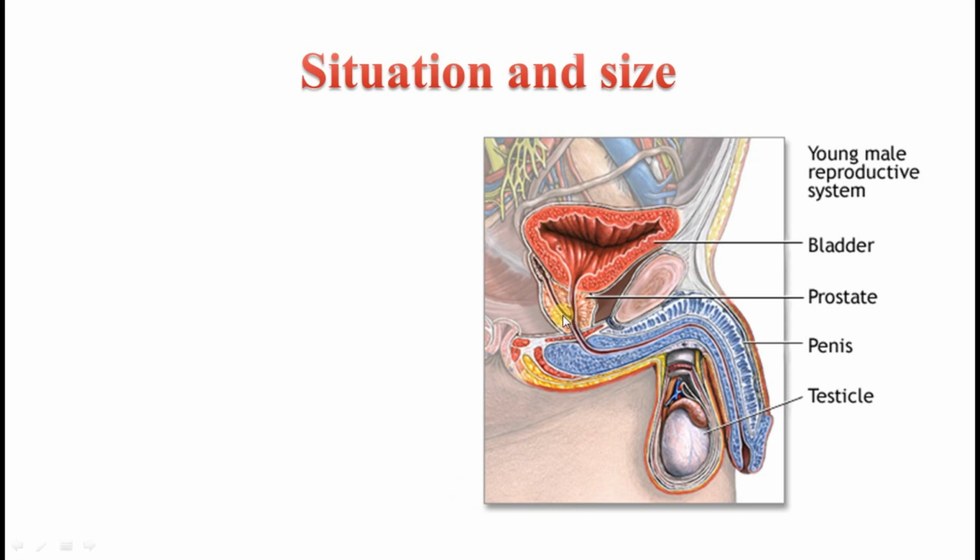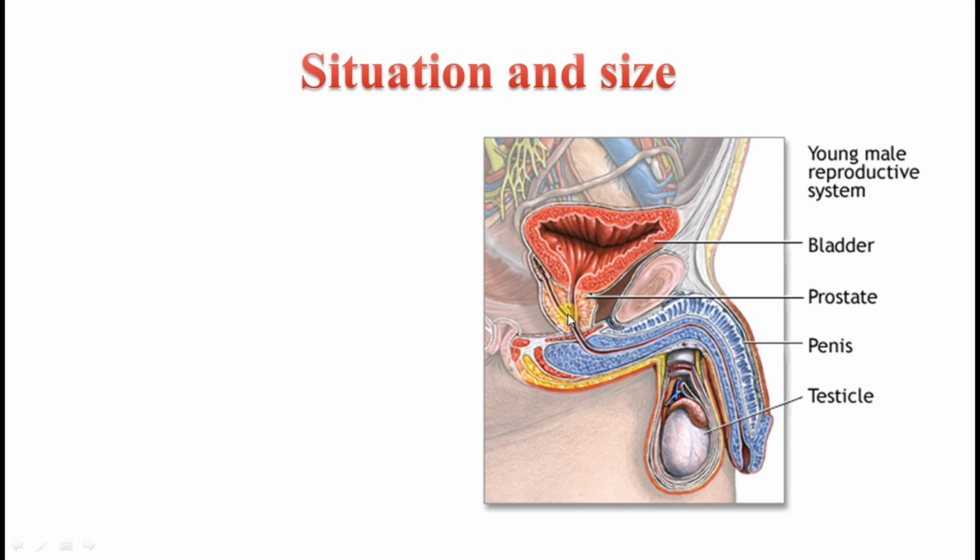Where is this prostate gland situated? It is situated in the lesser pelvis. By this time you know what the lesser pelvis and the greater pelvis are. The lesser pelvis is the true pelvis, which includes the pelvic cavity, limited above by the pelvic inlet and below by the pelvic outlet.